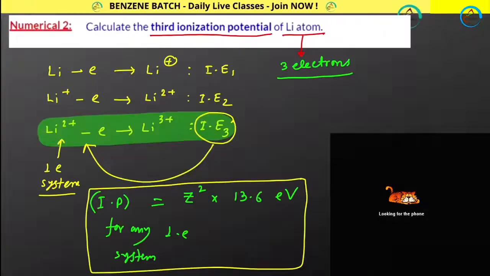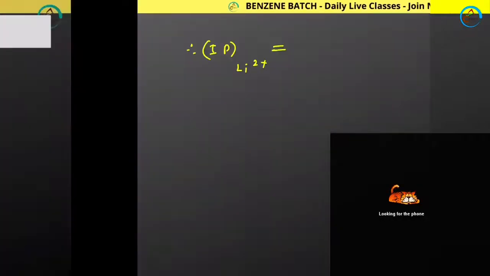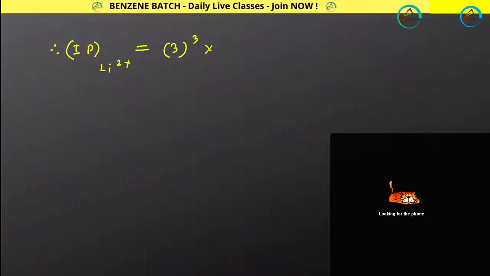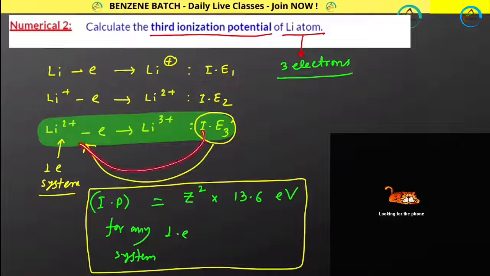And from this expression, I can easily calculate the IP value for the lithium 2+ system, which is a one electron system. That will be equal to Z square. So for lithium, Z equals what? 3. So 3 square multiplied by 13.6 electron volt. You can ask me why this value is not negative. Because you are adding energy. The system is not releasing energy.